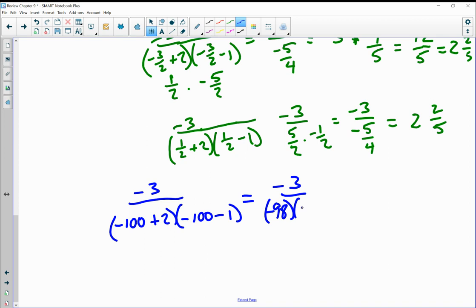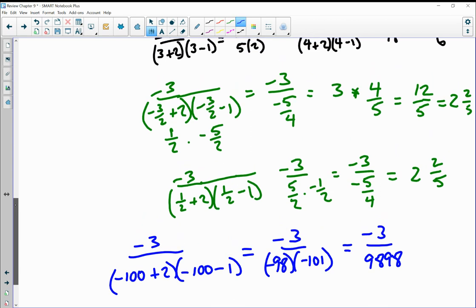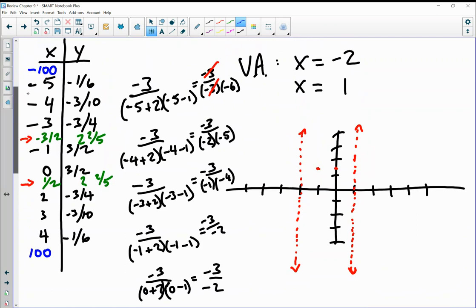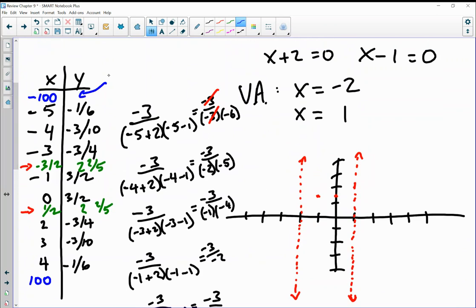Negative 100 minus 1 is negative 101. So 98 times 101, that would be positive, and then this would be a negative on top, 9898. So it's a negative value, but something very close to 0. So negative 3 over 9898.